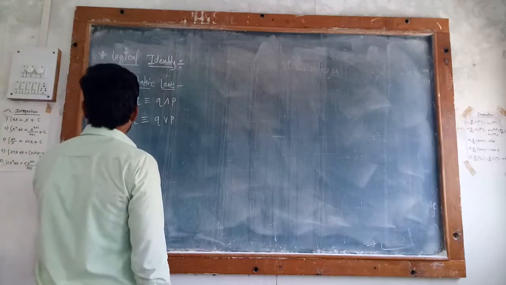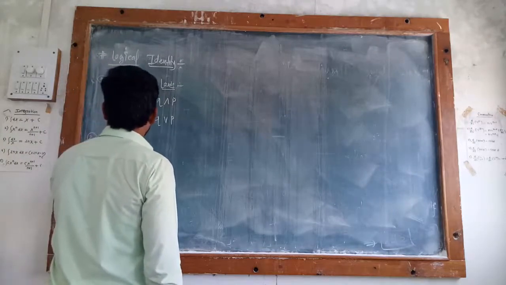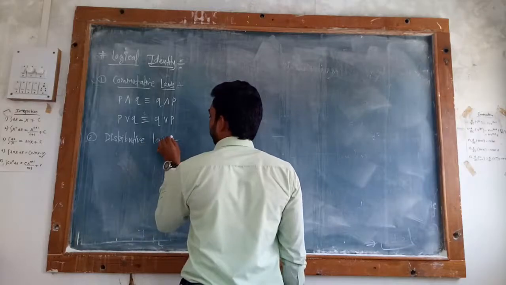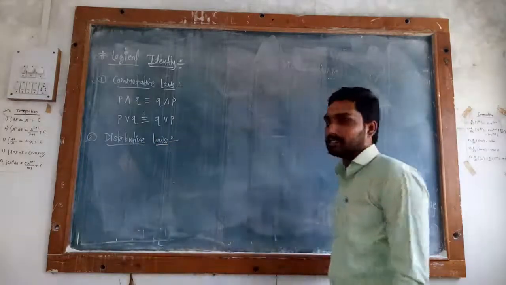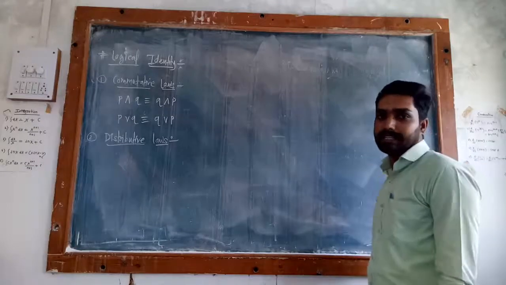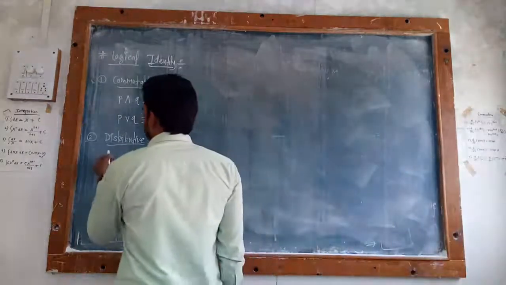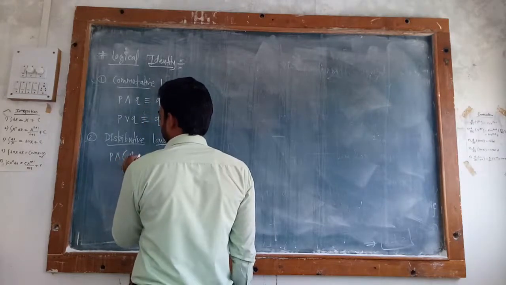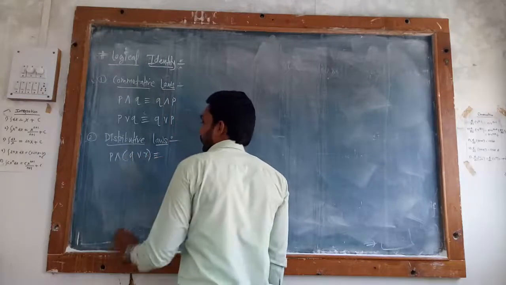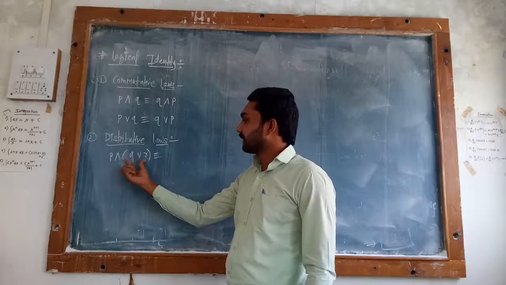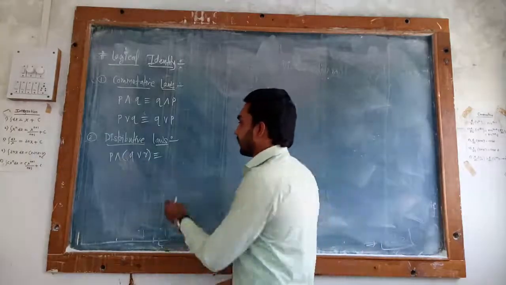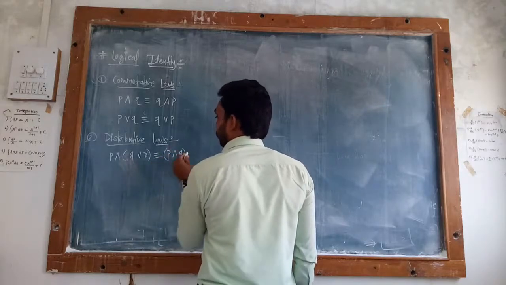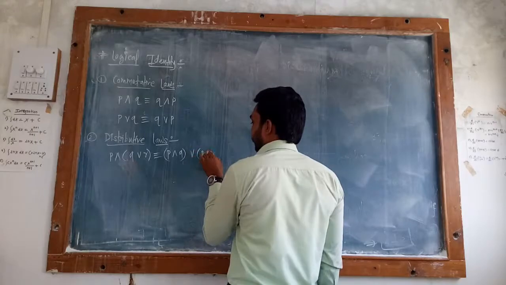The second law is the distributive law. If P, Q and R are three propositions, then the distributive law is: P and (Q or R) is logically equivalent with (P and Q) or (P and R).